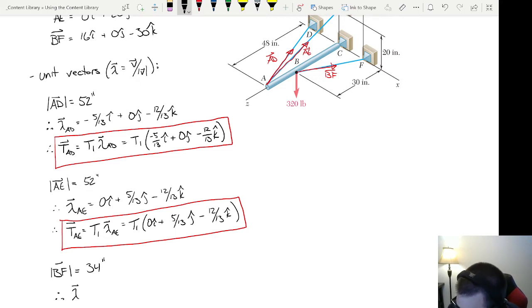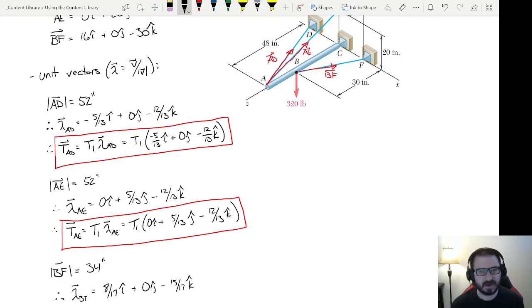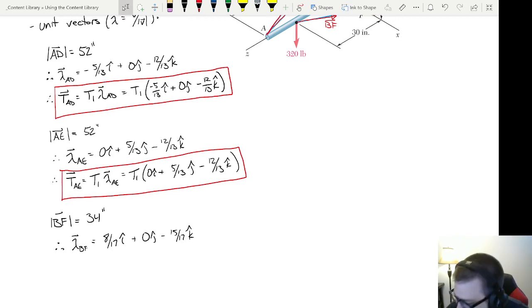So lambda BF is, let's see, when that's all said and done, you end up getting 16 over 34, which is 8 over 17 i, plus 0j, minus, and then 30 over 34 is the same as 15 over 17 k. And so there you go. And then we multiply it by its magnitude, which this one is T2.